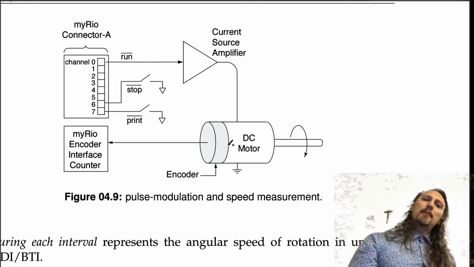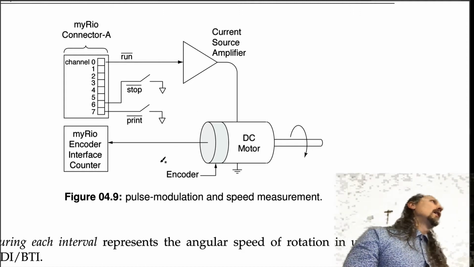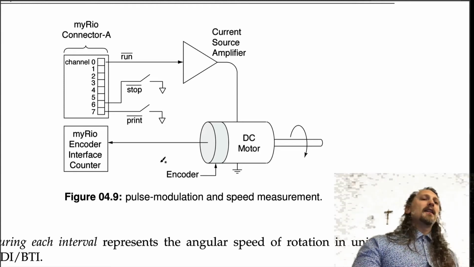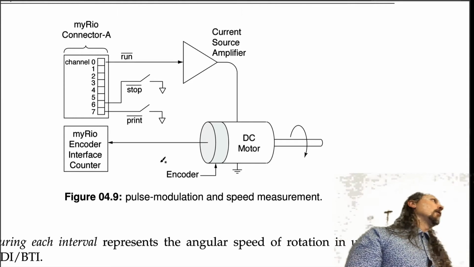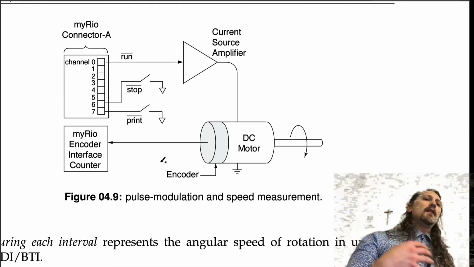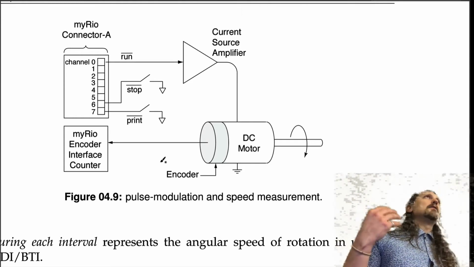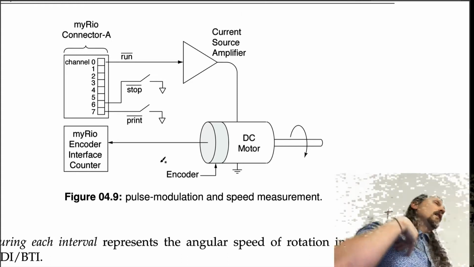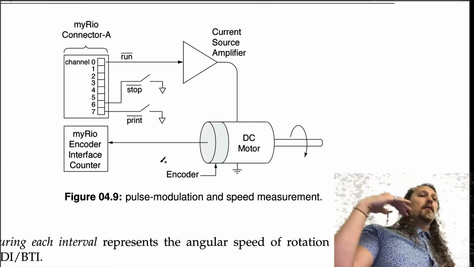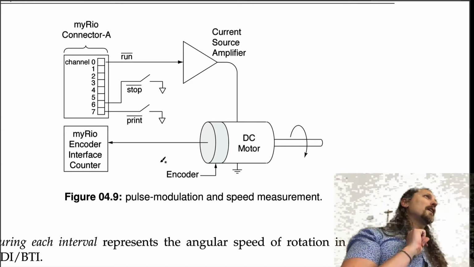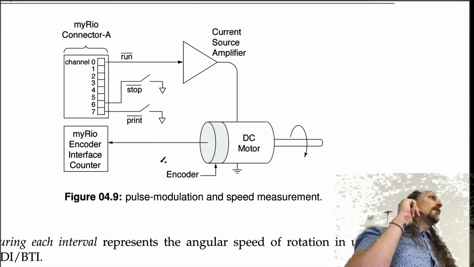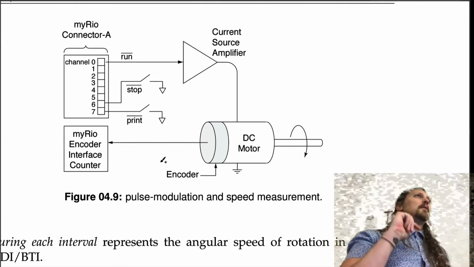So we are then going to keep track of the position of the motor, and we'll be looking at the speed. We'll be actually measuring what the speed is. We're not going to do closed loop control, though. We're not going to do any control on it. We're simply going to set it to some voltage, some duty cycle.